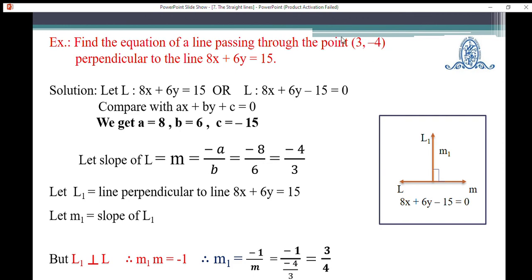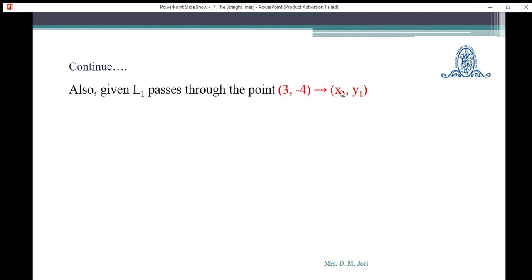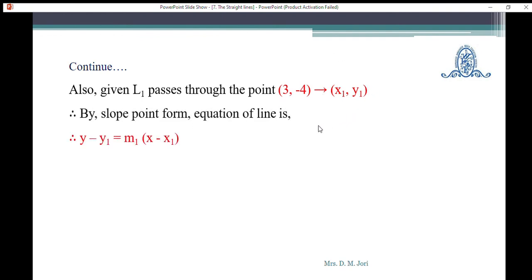Fine, the point is given. Denote that point by x1, y1 again, and then use the slope point form again, because the slope is identified and the point is given. By using slope point form, we can find the equation of line as y minus y1, which is minus 4, x1 is 3, slope is 3 by 4, which we have calculated.